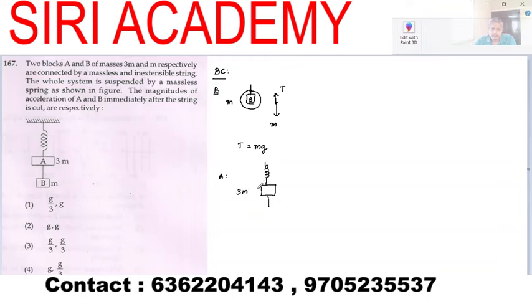And for block A, mass 3m, there are two interactions. So this is being pulled by the spring force Fs and tension T, and also the weight 3mg. So Fs is equal to 4mg.